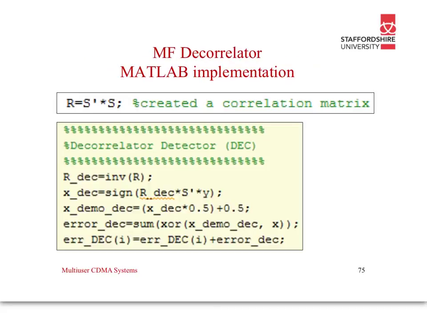How we will implement this in MATLAB: R is defined as S transpose times S. R decorrelator is the inverse of R here, and X decision is the sign of R decorrelator times S inverse times our Y. Y is the original signal, which has then been, in this case, converted to BPSK, and noise has been added.